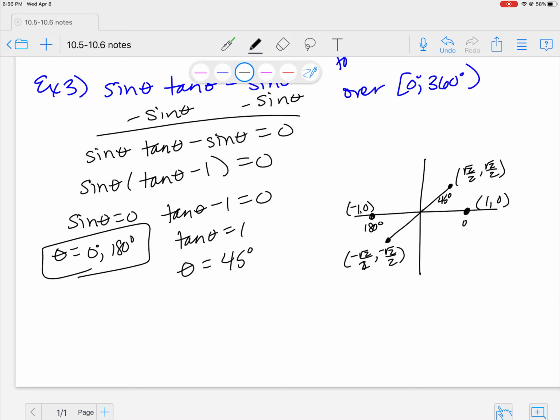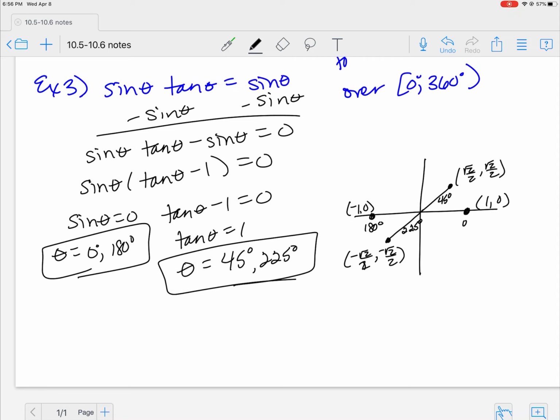But is that my only one? No, good job. Because if I'm also coming down here, this is negative and negative. Negative divided by a negative is positive. And this one is at 225 degrees.